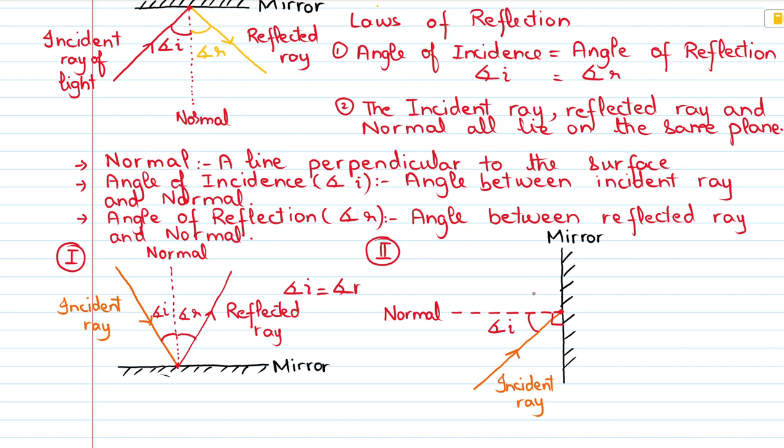Now since the angle of incidence and the angle of reflection must be equal, keeping that in mind, this is going to be the reflected ray. And we can see that the angle of incidence and the angle of reflection, they both are equal.